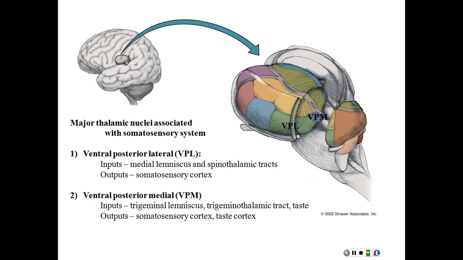Now, as much as we have the ventral posterior lateral receiving all these inputs from pain and temperature and medial lemniscus information, we have a ventral posterior medial that's receiving all the information from the head. And look at the word there. Look at that one word from the inputs, trigeminal.